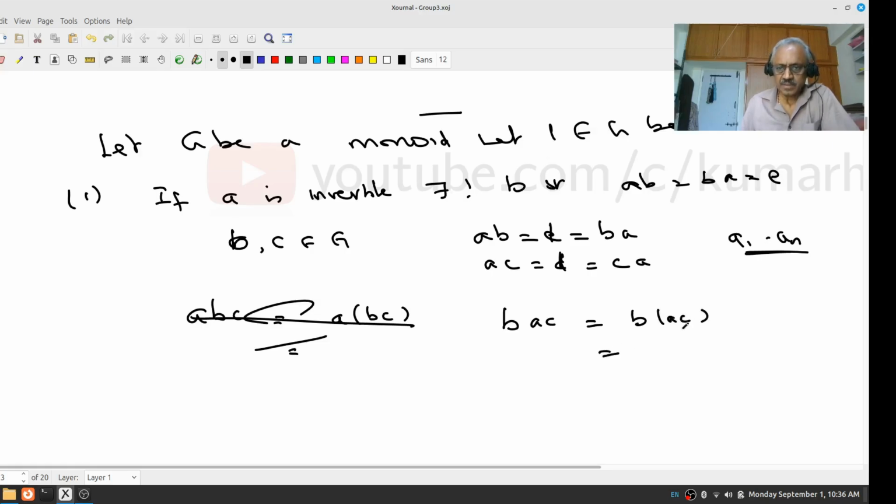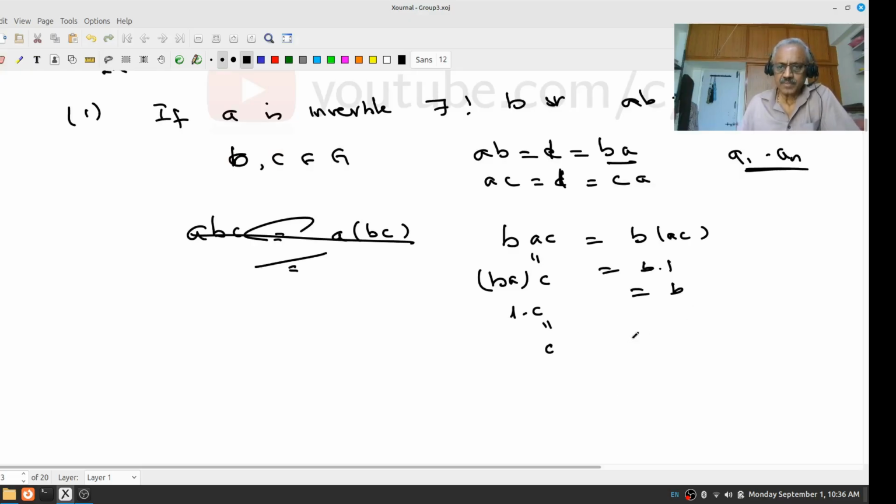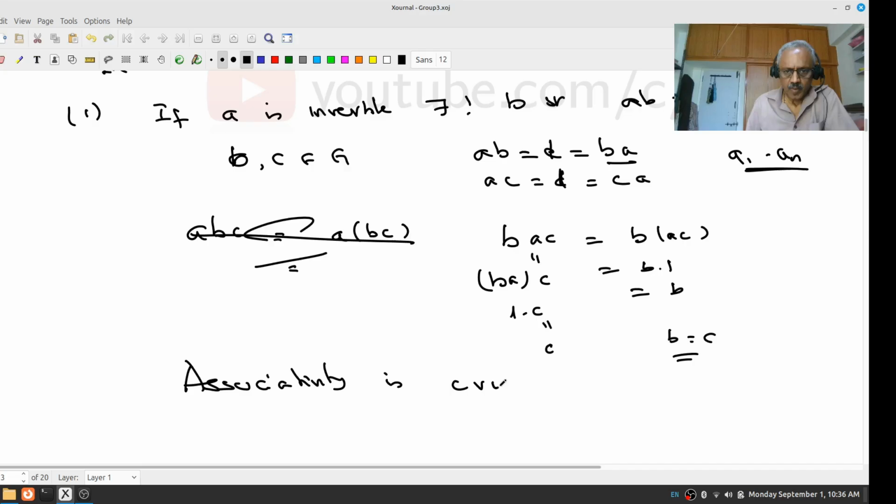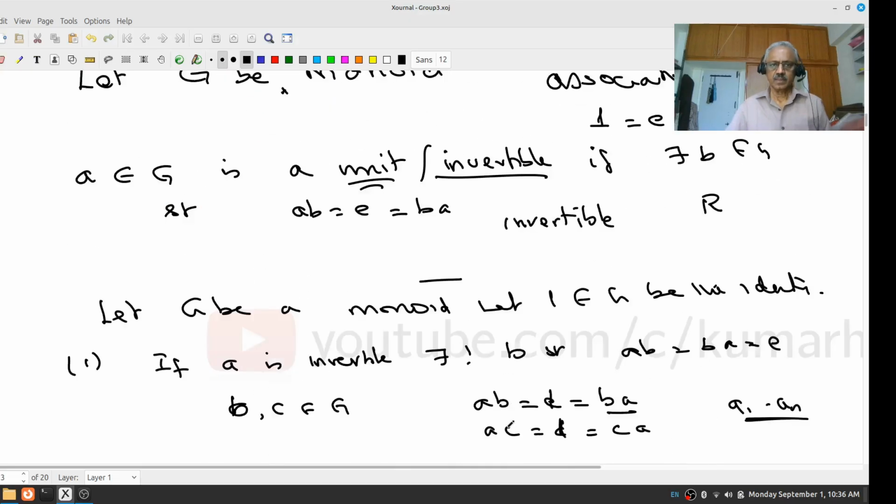But AC is 1, therefore it's B times 1, and hence it's equal to B. But I can also group it as BA times C. But BA is 1, so it is 1 times C, which is equal to C. Therefore we get B equal to C. Notice that associativity is crucial for this proof.